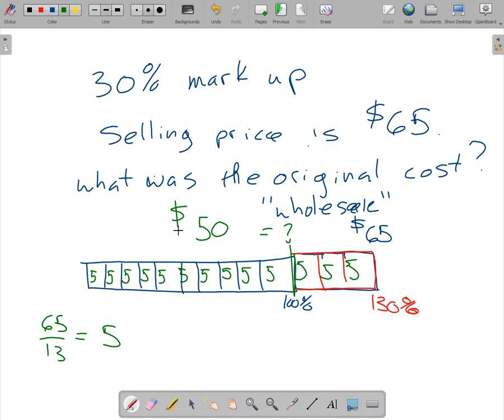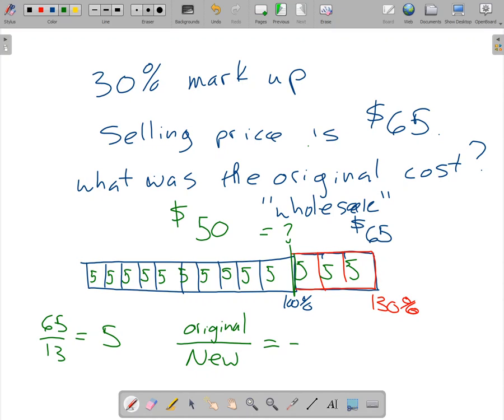We have to decide what our numerator is going to be and what the denominator is going to be. In this case, my missing number is an original value, so I'm going to put original on the top. On the bottom, I'm going to put new, the new price. In my first column, I'll write down the percents.